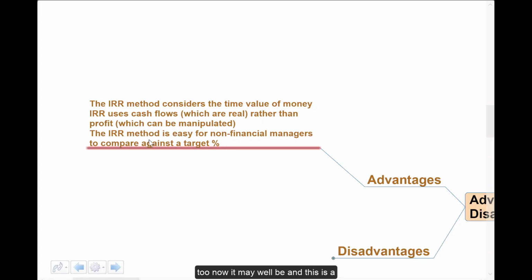Now, it may well be, and this is subjective really, perhaps easier for non-financial managers to compare against a target percentage. That may well not be so. It depends on the person, I think, but you get the idea because it's a percentage in effect rather than an absolute value like NPV. It may be that some financial managers prefer it.